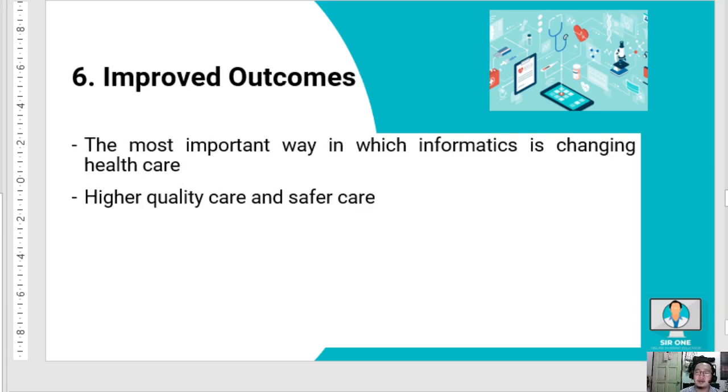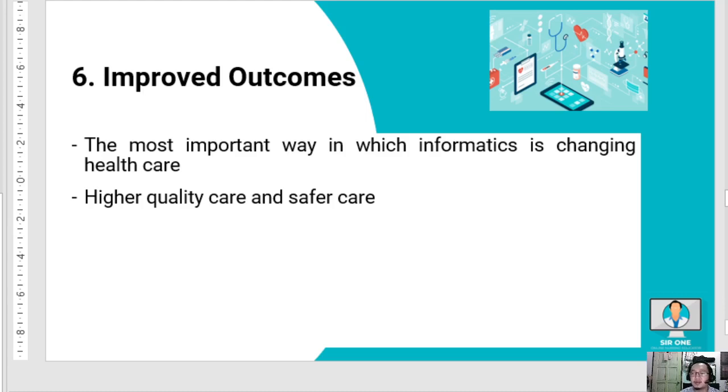Then sixth, I think this is the last one for the ways informatics improves outcomes. It's like in the benefits, improved patient outcomes and safety.